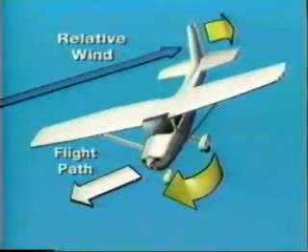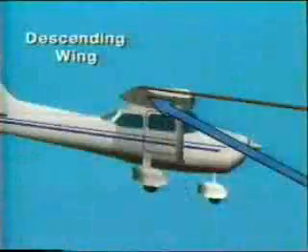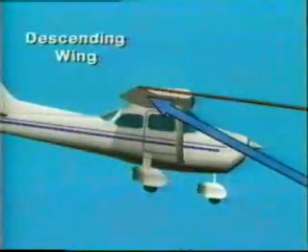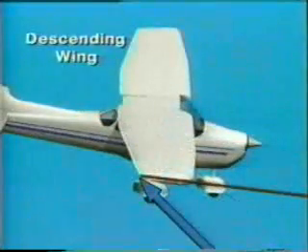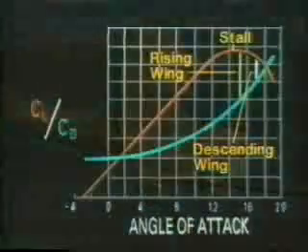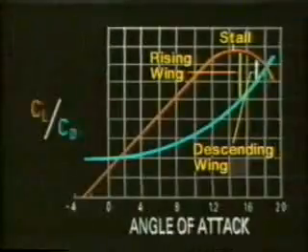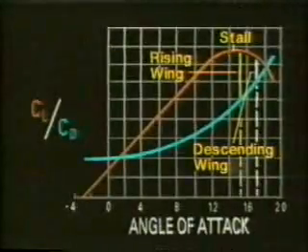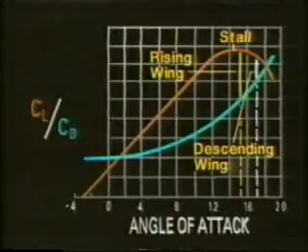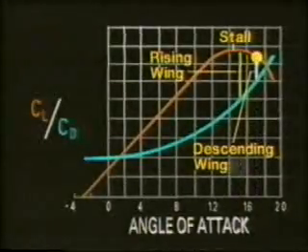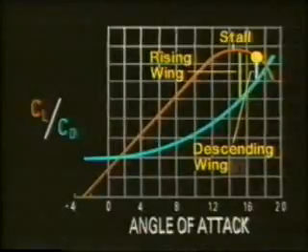At the same time, the airplane is rolling around its longitudinal axis. This is caused by the descending wing having an increasingly greater angle of attack due to the upward motion of the relative wind. The coefficient of lift and drag curves show that the descending wing has a greater angle of attack than the rising wing. The descending wing suffers a tremendous loss of lift since it's well beyond the critical angle of attack.